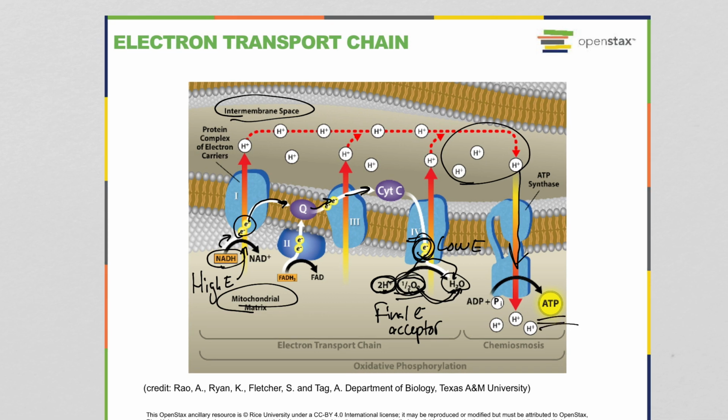The vast majority of your ATP is made at this step, and this is what we call oxidative phosphorylation, right? That is different than substrate level phosphorylation that you saw in glycolysis, because the phosphates in this case aren't being transferred from a substrate. They're just floating around by themselves and being directly reattached to ADP.